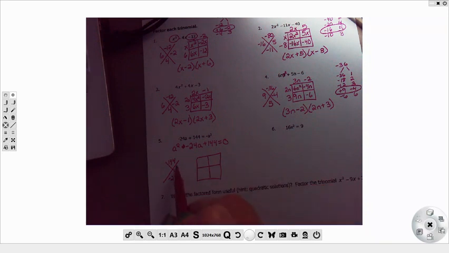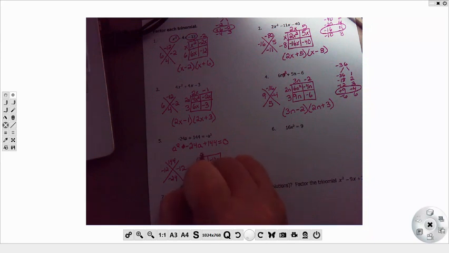All right, I know 144 is 12 times 12, but I want negative 24. If I did negative 12 and negative 12, a negative times a negative is a positive, and when I add these, they would get me negative 24. So I have a squared and 144, negative 12a, and negative 12a.